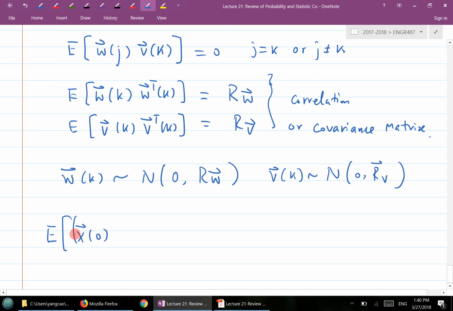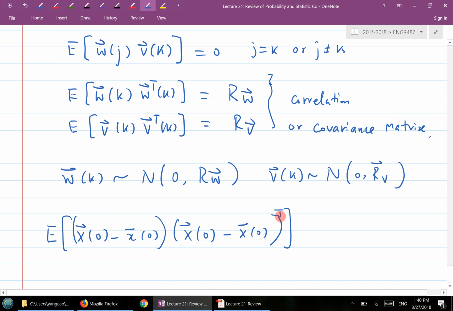Technically, your initial value of the system is also a random variable. So you have the actual value here, and then you can calculate the mean of this random variable, and then calculate the variance of this particular one here.